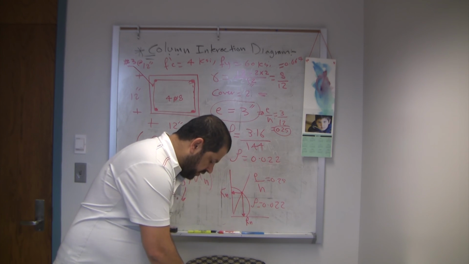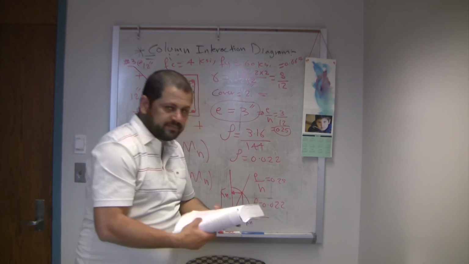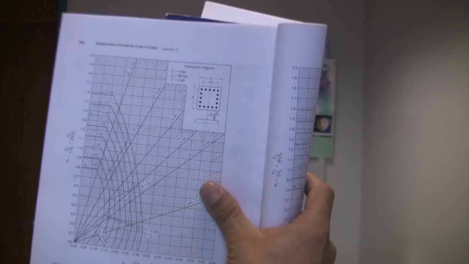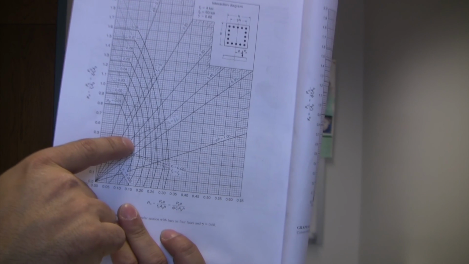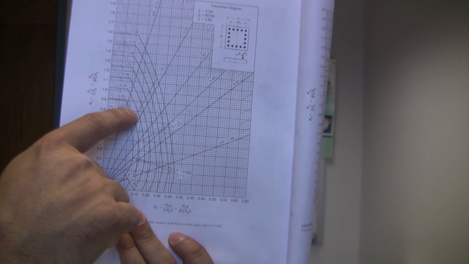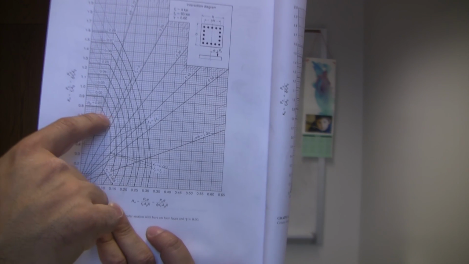I'm going to show you on the interaction diagram for these values, and you can do it on your own. So this, again, is the interaction diagram for the 0.6 in here. Okay, so our rho, the first one is rho 0.01, and the second rho is 0.02. Our case is 0.022. So the distance between each of them is divided into 5 boxes in here.